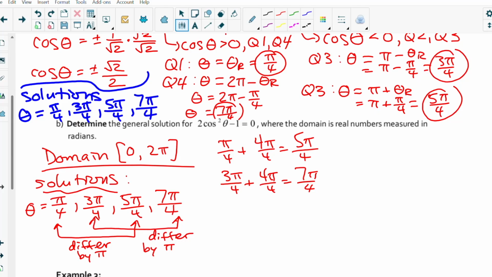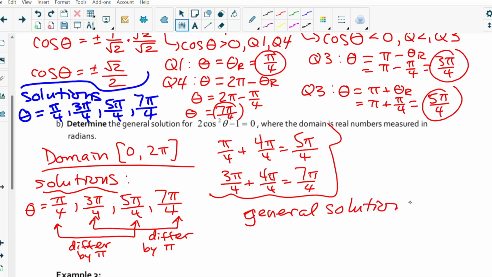So when we write the solution, let's write a general solution where we're not being redundant here. What's my general solution?